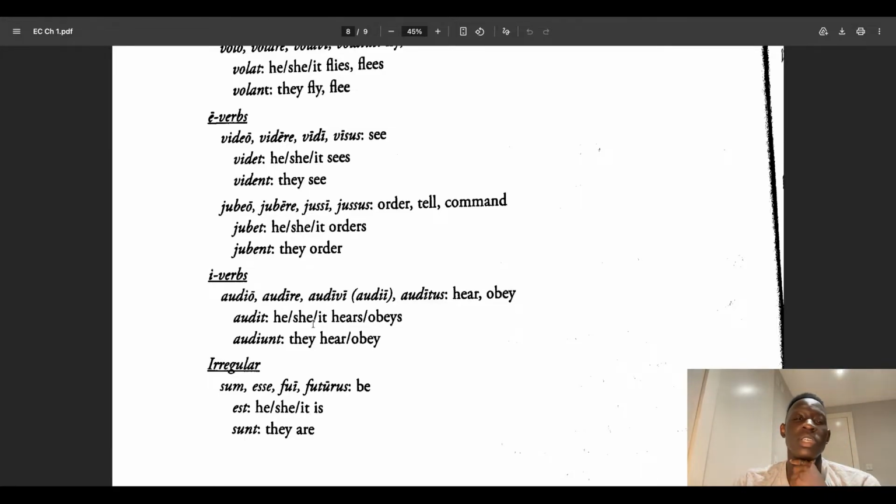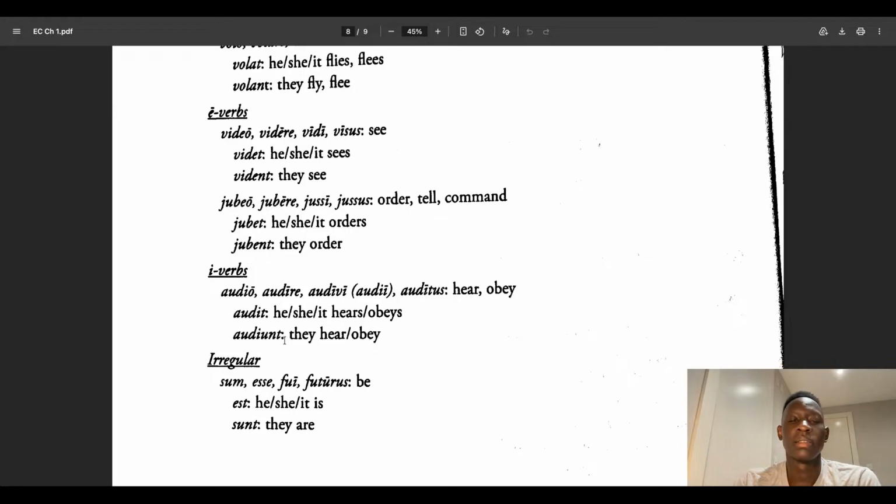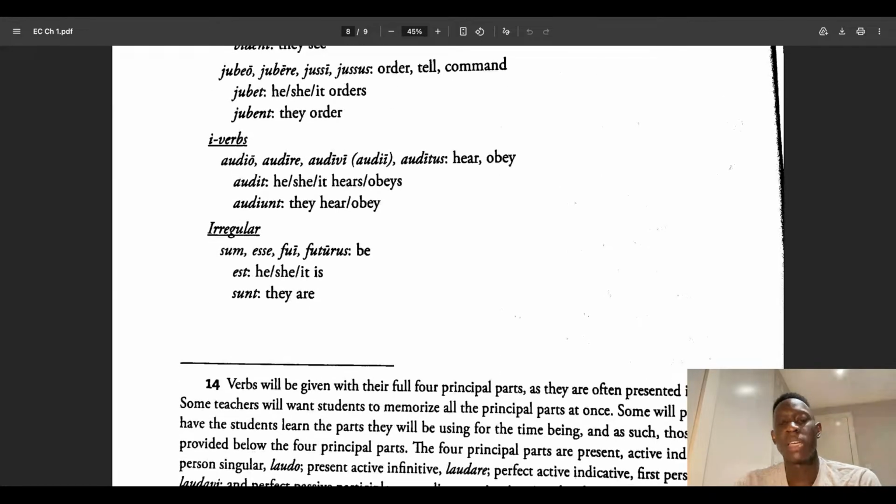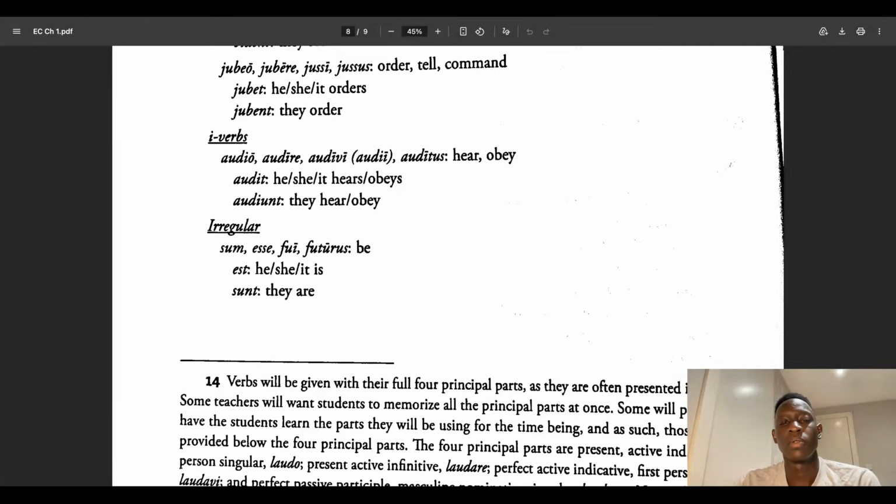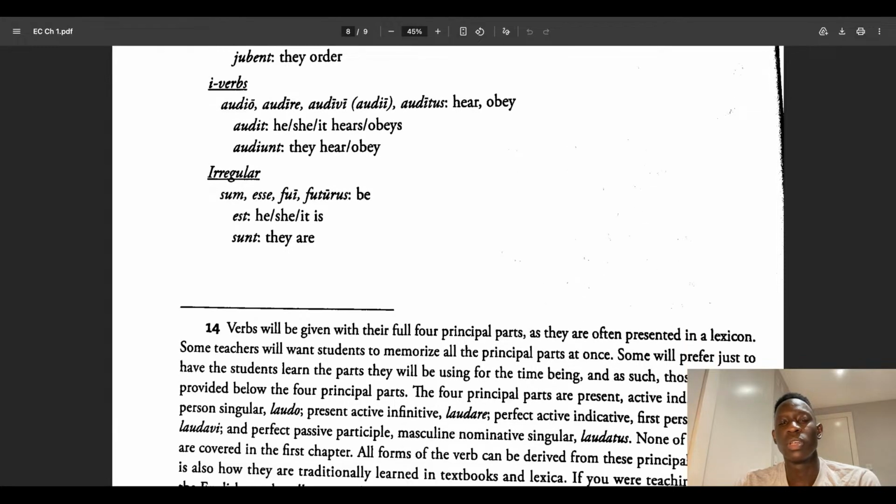Audio, audire, audivi, auditus, hear, obey. Audit, he or she or it hears or obeys. Audiunt, they hear or obey. Irregular: sum, esse, fui, futurus, be. Est, he or she or it is. Sunt, they are.